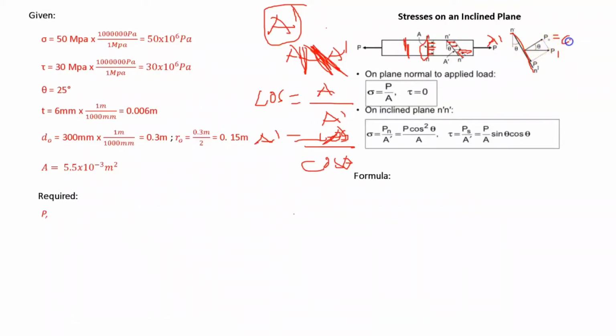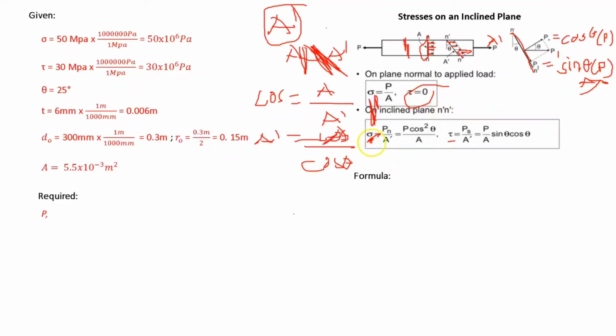So cosine theta times the original P, and for the shear component, sine theta times the original P. This is why when the plane is normal, the shear stress is also 0. When you input the angle 0, sine 0 is equal to 0. So that's why shear stress is 0.